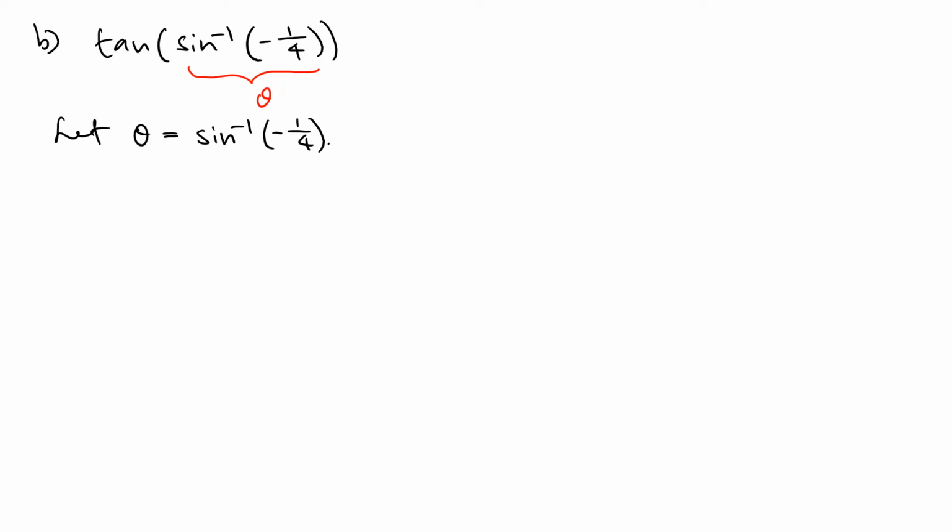Please note that when we have sine inverse, theta is defined in the interval negative pi over 2 to pi over 2. Since this is negative and sine is an odd function, sine inverse is also an odd function.